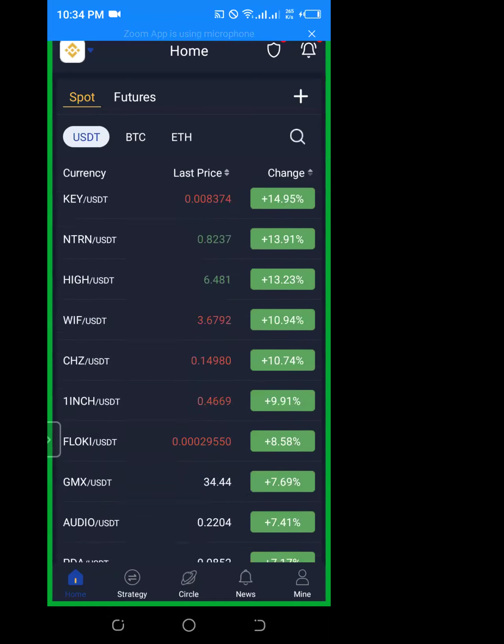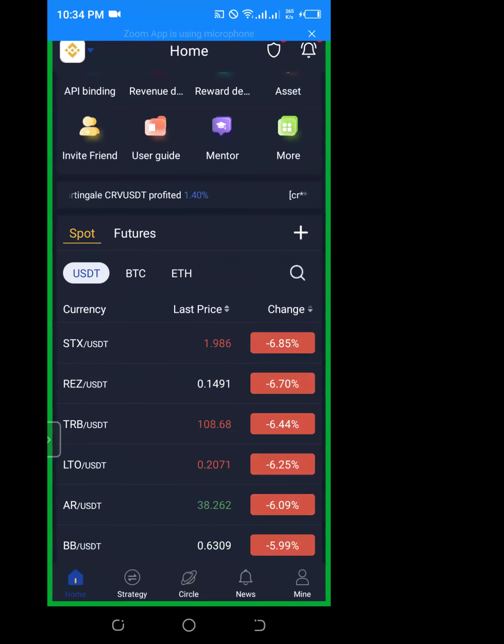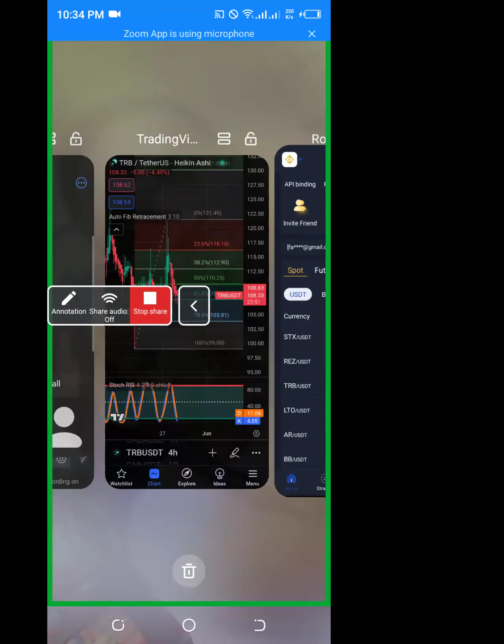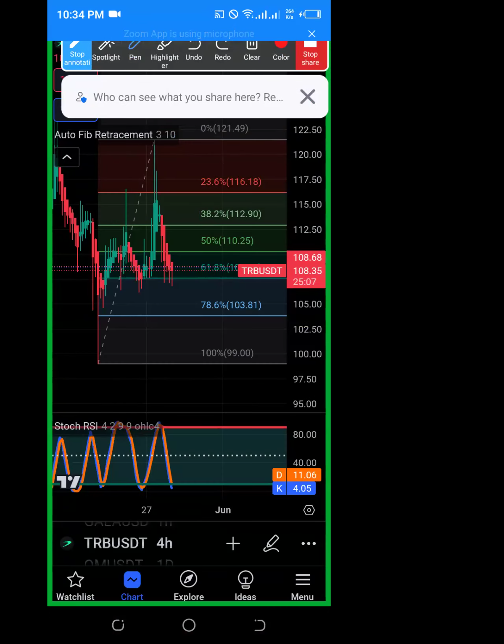Now they have changed. Are you seeing? They keep on interchanging. So we entered at the current price. 100% is at the bottom, and 0 is on top. You enter at the current price.